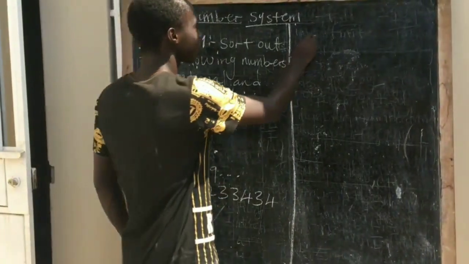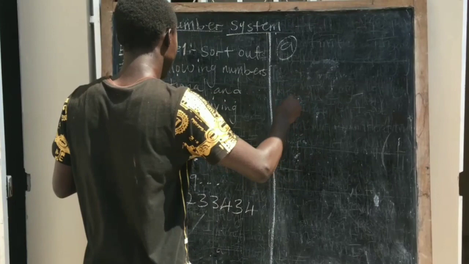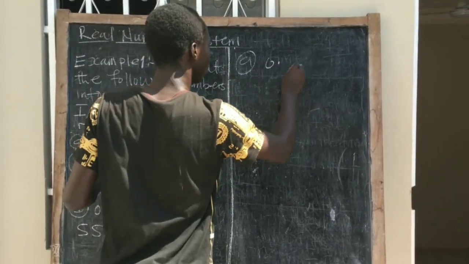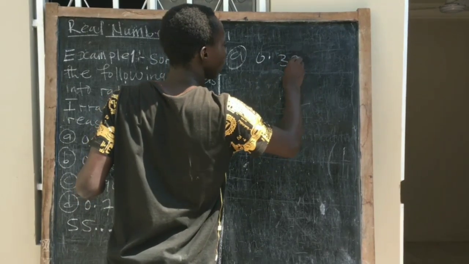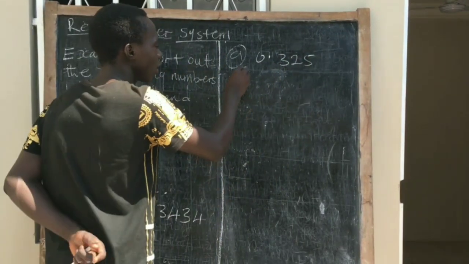So A, you can say 0.25235. This is rational.